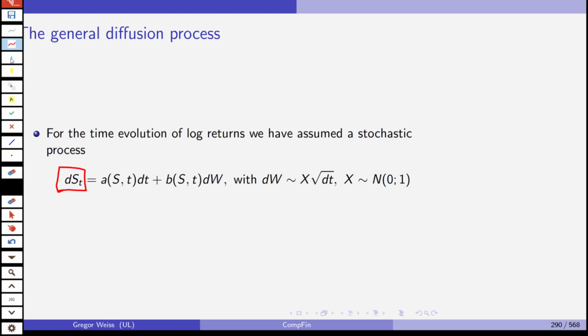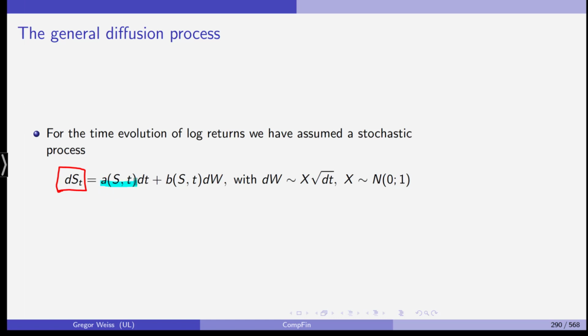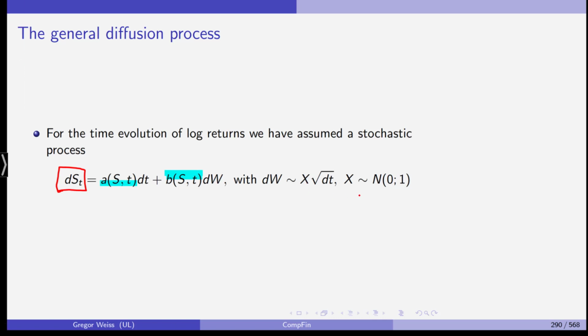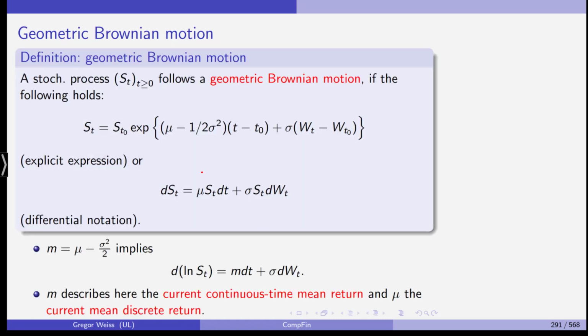We don't know what A looks like, but it is a given function, and a function B. A times the change in time, and B times a standard Wiener process, and X is normally distributed. So this is the model we are using for the changes in the stock prices. This is a geometric Brownian motion.